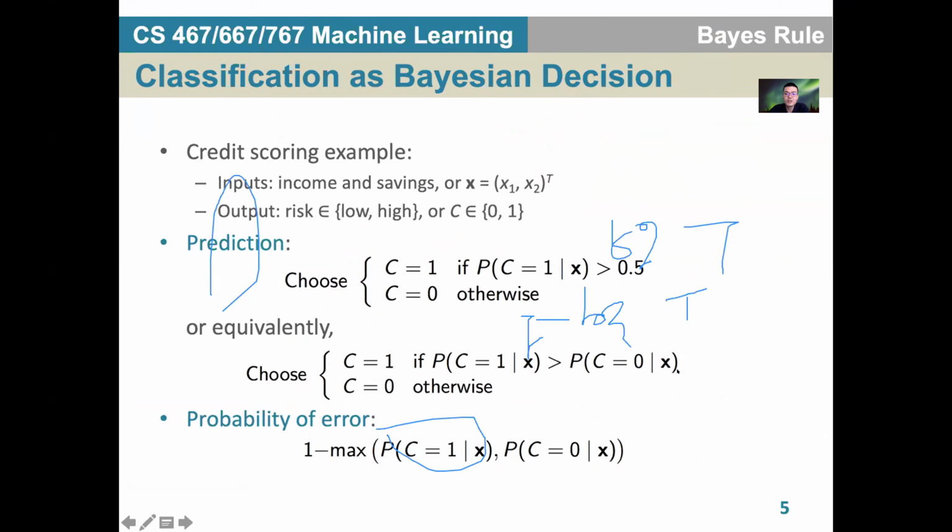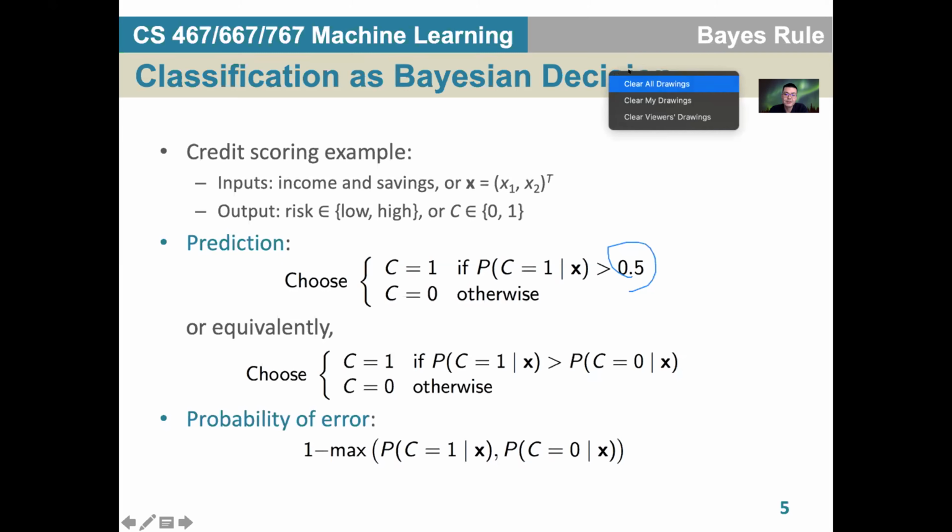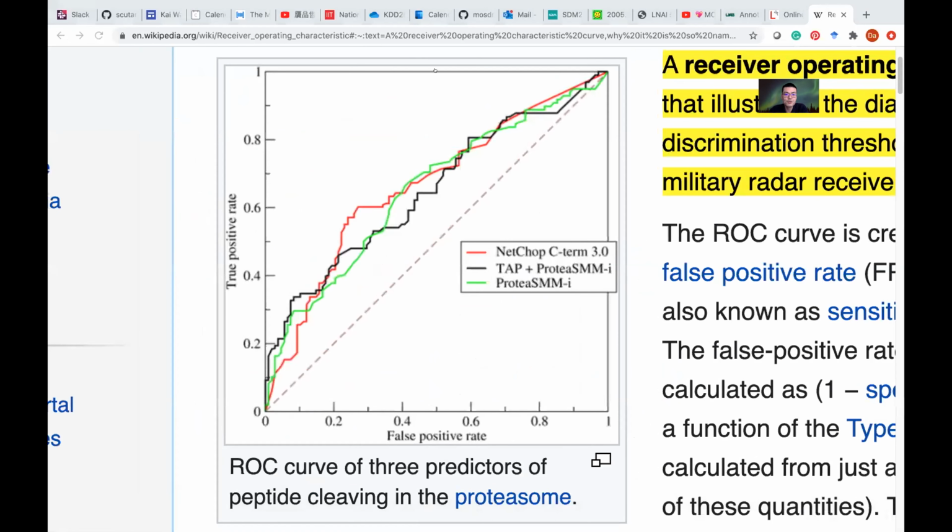Then your predicted amount of true and false will change. The ground truth doesn't change, but the true positive, false positive, true negative, false negative will change. This changes because your threshold of binary classification changes. And if you change this threshold from 0 to 1, you will have different false positive and true positive rates. This will allow you to pull out a curve, and this curve is called the ROC curve.